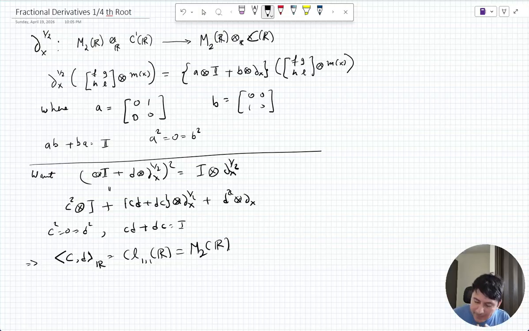And C has to equal 0, 1, 0, 0, 0, and D has to equal 0, 1, 0, 0, 0. Okay, so that's the square root, actually. And what this means is that we've extended the scalar of the scalar.